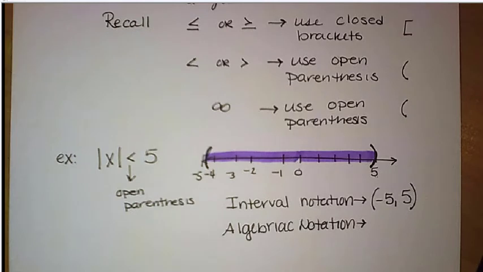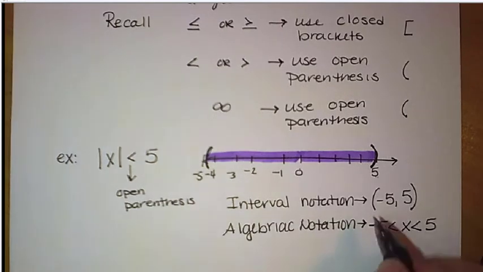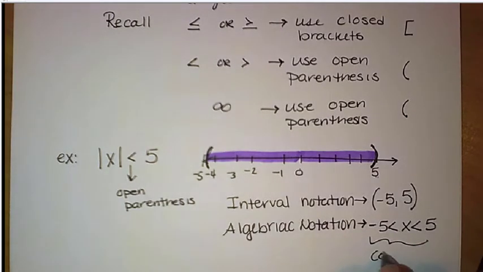And the way that we do that is with a compound inequality. So we say, we have negative 5, and x has to be bigger than that, but x cannot be bigger than positive 5. So we use that algebraic notation, or what we call a compound inequality.